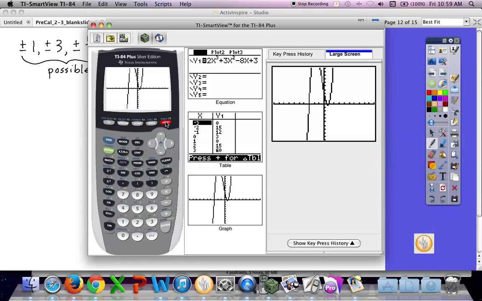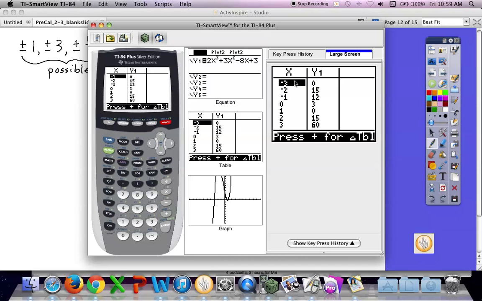Right? You see 1 here, and it looks like there's 2 there. All we're really looking for at this point is 1, right? And -3, you could look in the table of values. At -3, the value is 0, so that is a 0. So for our purposes right now, we could just take that 1 zero and use synthetic division to make it a quadratic. Right? So we can see where that comes from.